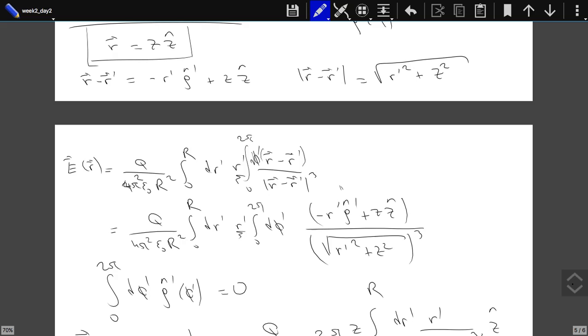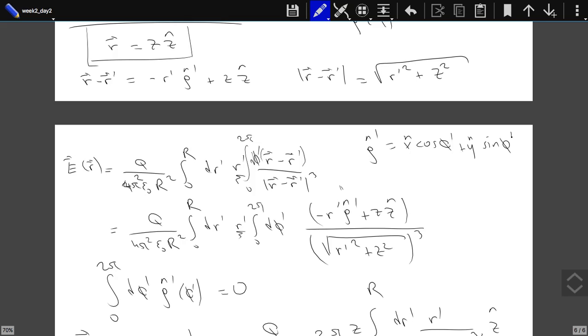I first said, okay, rho hat prime, let me write it here explicitly again. This is in the x hat direction cosine phi prime plus in the y hat direction sine phi prime. This is what rho hat prime is. If I calculate the phi prime integral, both cosine phi prime and sine phi prime, when I integrate them from 0 to 2 pi over one full period, I get 0.